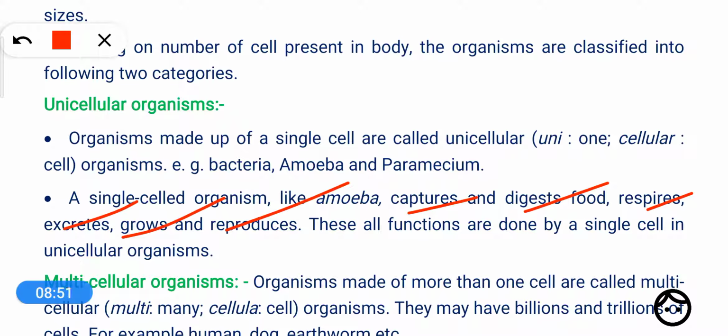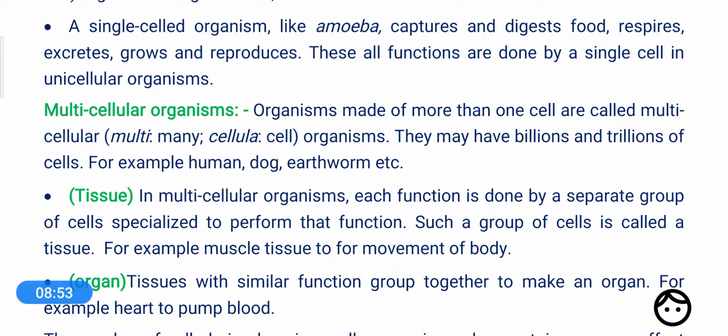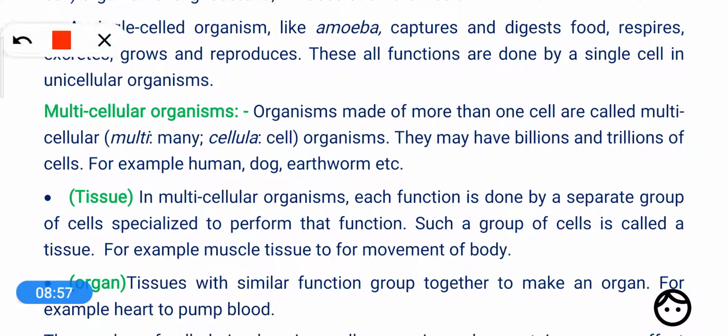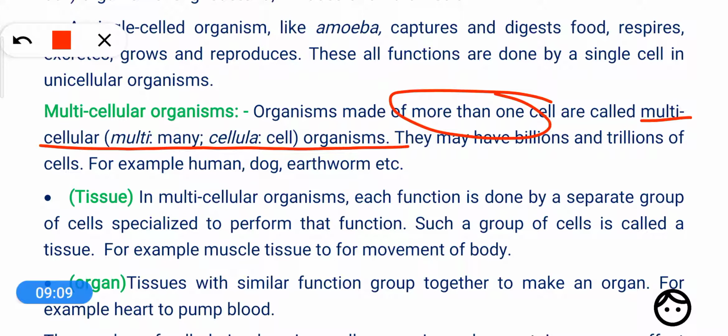Okay, now if we talk about multicellular organisms, these are those organisms who have more than one cell, means actually multiple cells are there in their body, so that's why they are called multicellular organisms. And there are many examples of multicellular organisms like human being, dog, earthworm, fungi, algae.